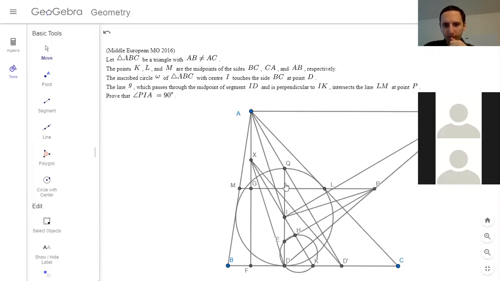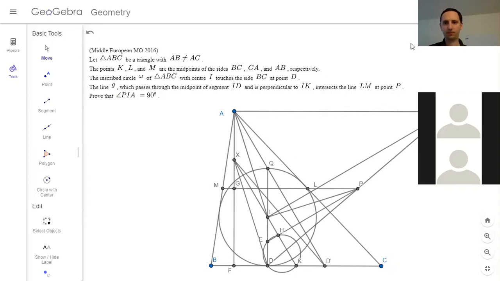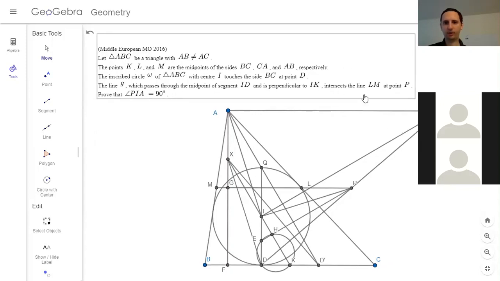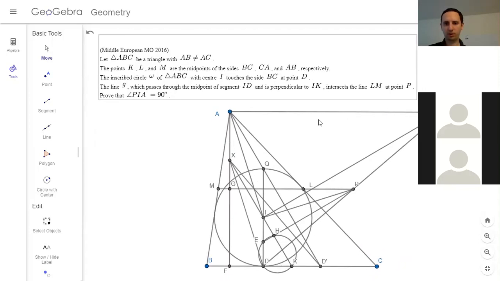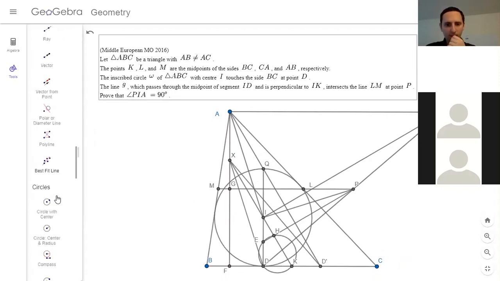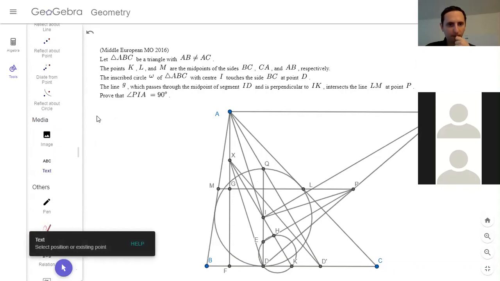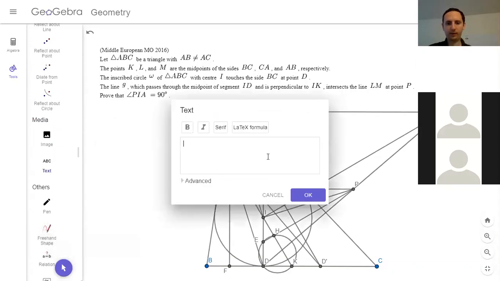I don't even know if I need this. Okay. So let's make some room here. So let D' be the reflection of D over K.